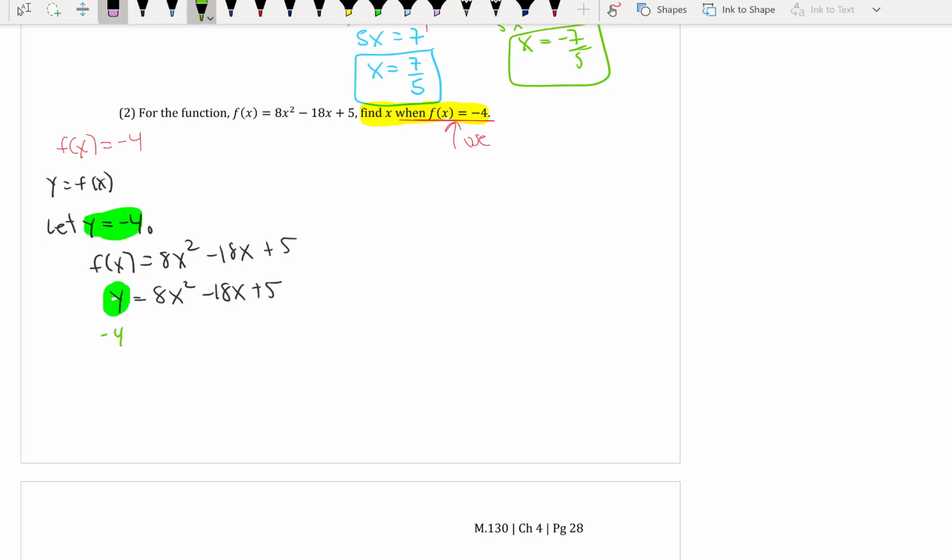So now I'm going to have a negative 4 is equal to an 8x squared minus 18x plus 5. So I want to use the zero product principle. So I need to get that 0 there. So in order to do that, I'm going to have to add 4 to both sides. So now I have 0 is equal to 8x squared minus 18x, and 4 plus 5 is going to be a positive 9.